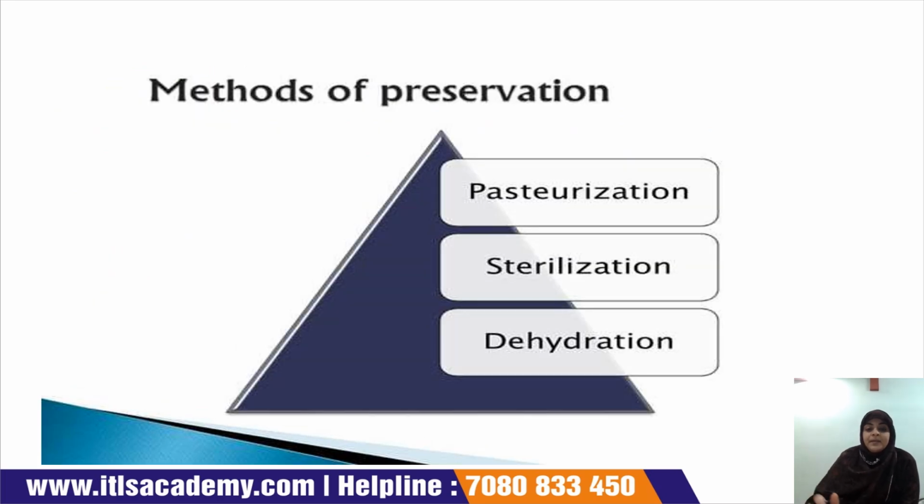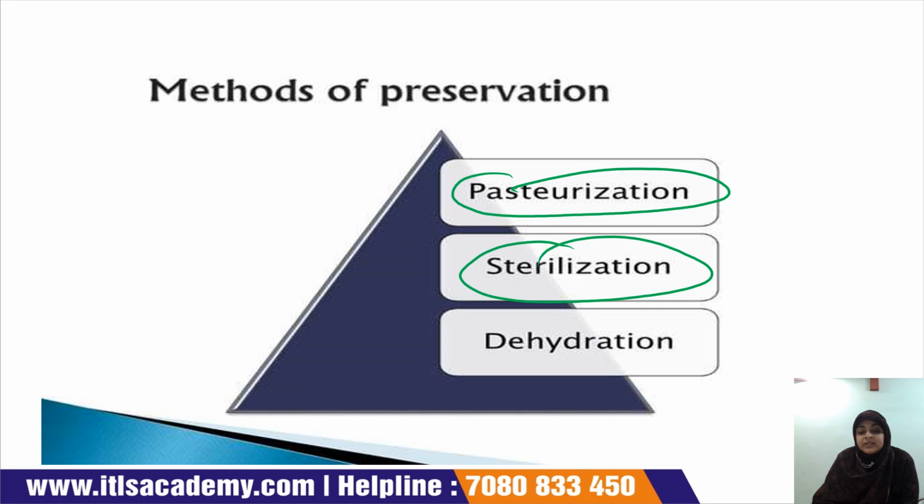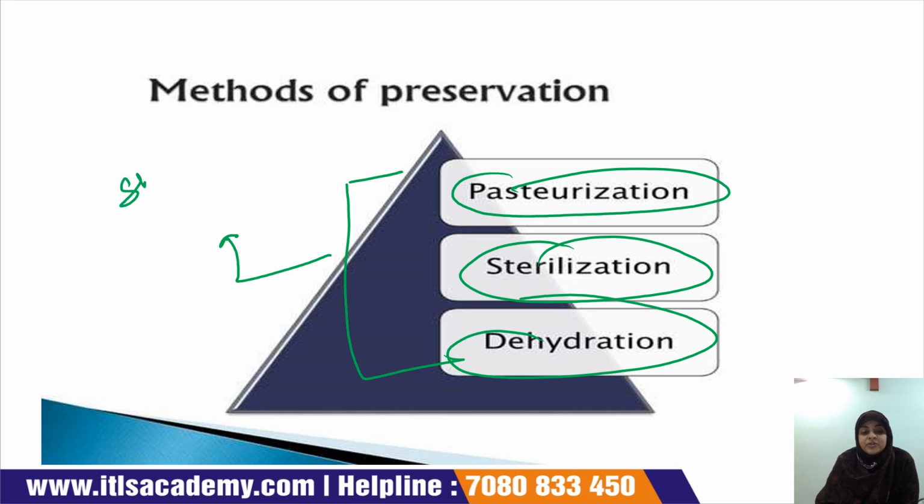Come to the next slide. Methods of preservation. The first methods are pasteurization, sterilization, and dehydration. These three methods are preservation methods, which increase the shelf life of the milk.